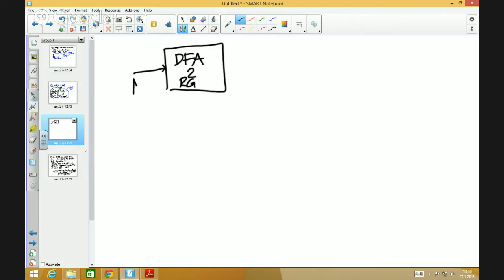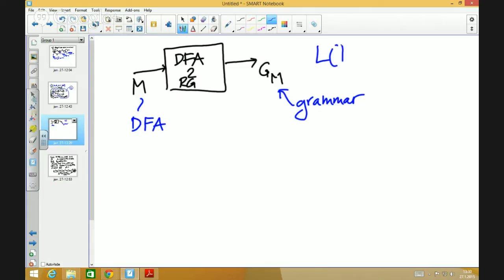It takes as input DFAs, and it spits out grammars. So that's a DFA. That's a grammar. But it doesn't spit out any odd grammar. The correctness criterion is that the language accepted by the input DFA is the same language that the grammar generates.